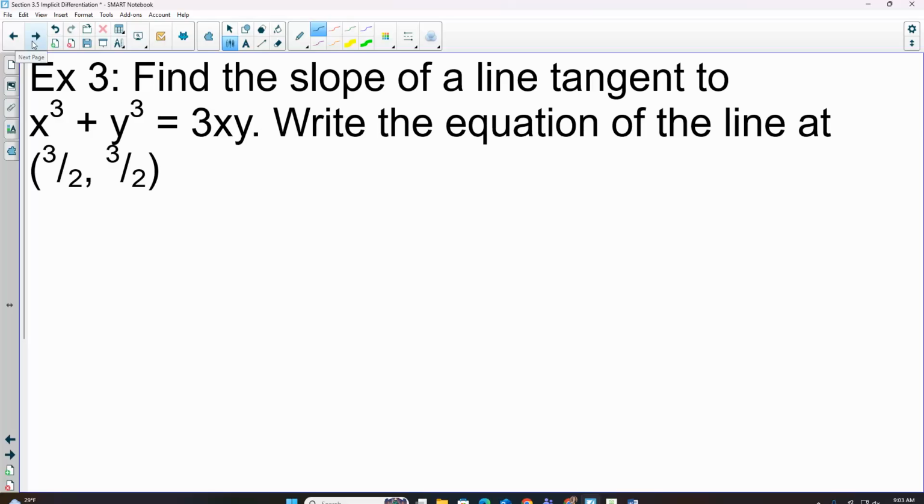The power rule? Yeah. So the derivative of x cubed would be... the derivative of y cubed. Good. Both x and y are variables, so we do both of their derivatives.